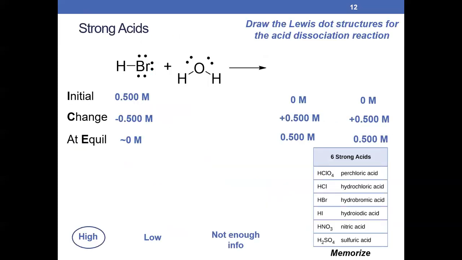Okay, so let's go ahead and, whoops, forgot the animations for this, but let's draw the products for this reaction. Go ahead and draw the products for our strong acid, HBr, in solution. If I mix HBr with water, what are my products going to be?